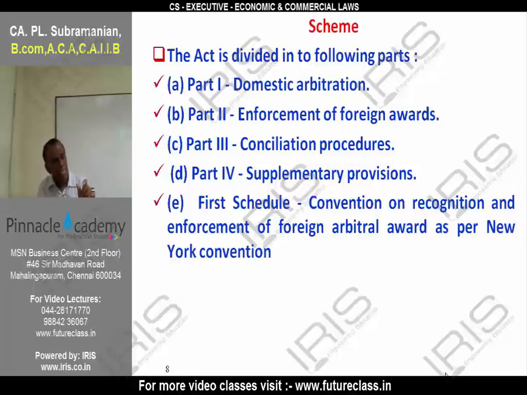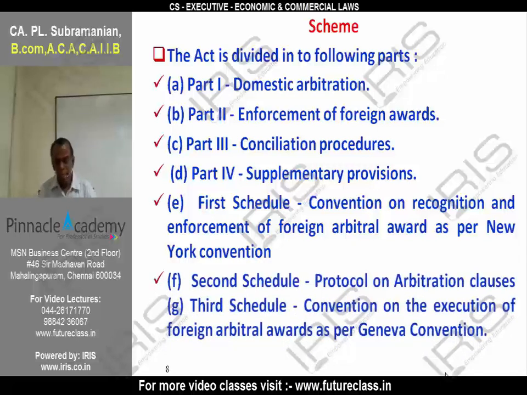That is decided in the New York Convention. What is the meaning of New York? There was a meeting of experts from all over the world, in New York, and all the countries were represented. They decided, and that is called the New York Convention. They have given some guidelines on how to recognize and enforce a foreign arbitral award.